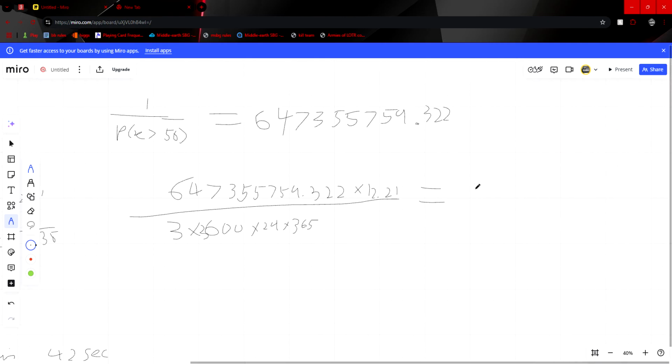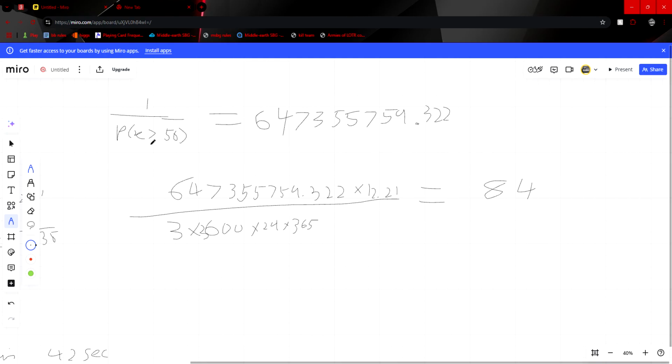And that roughly gets you about 83.5 or something. So we'll just say 84 years roughly. So if you're clicking 3 times per second for 84 years, that's the average amount of time it would take for you to break this record, which is utterly ridiculous.